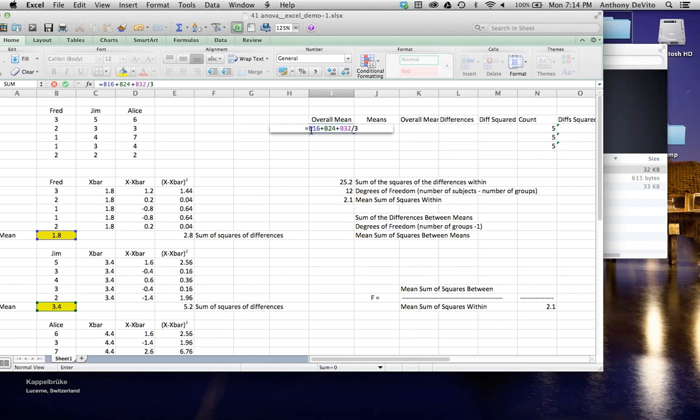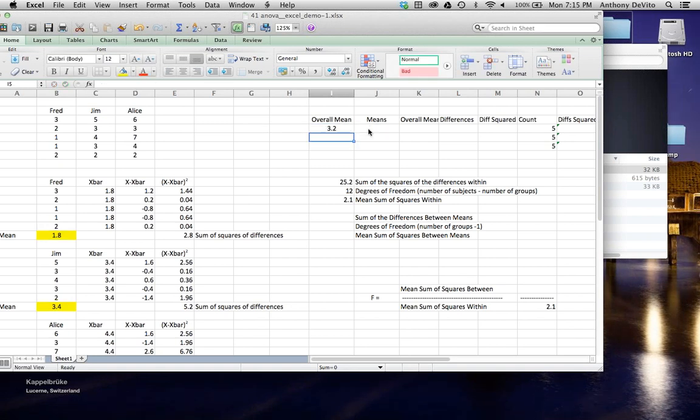I'm going to put parentheses around here to make sure it does these calculations correctly. Okay, and the overall mean is 3.2. I'm going to copy this down. I'm going to type it in rather than do it any other way because I just need 2 copies of it. It comes out to be a nice even number, so I'm not rounding unnecessarily.